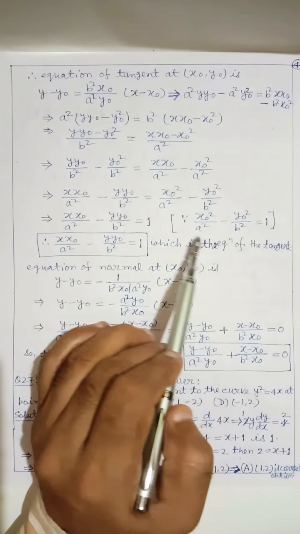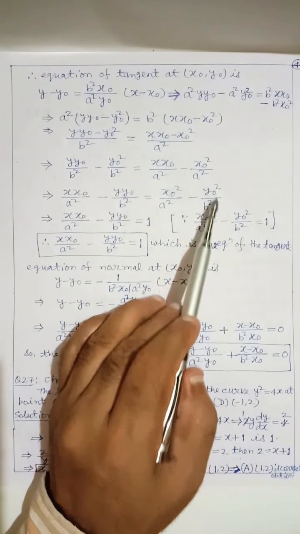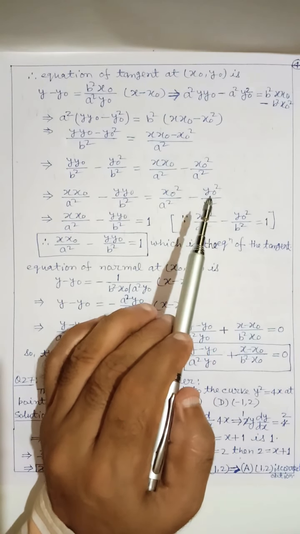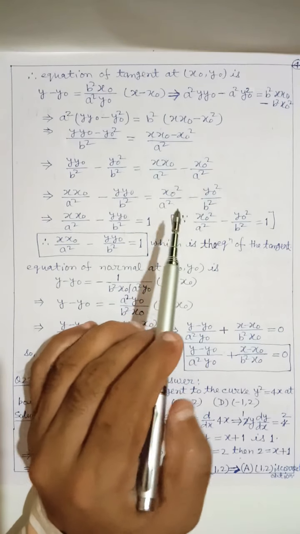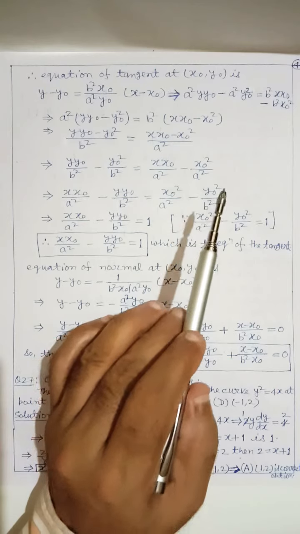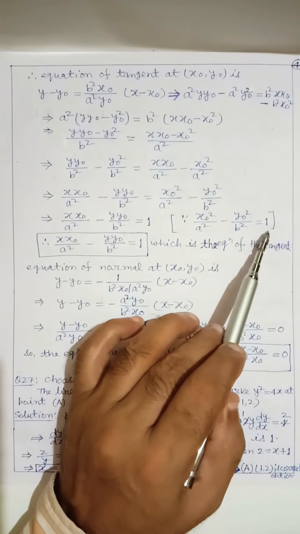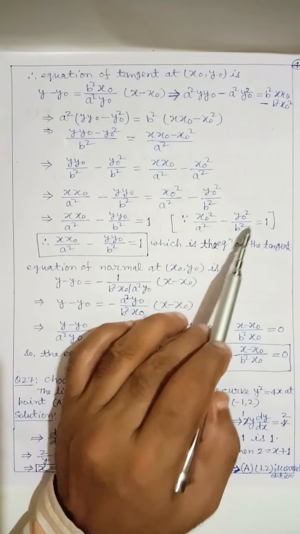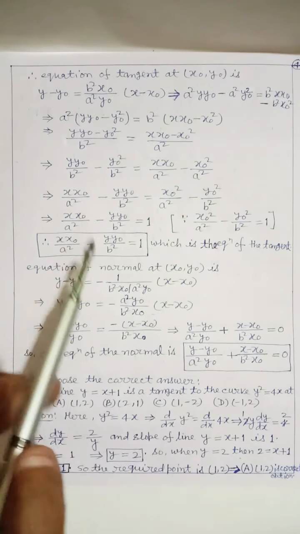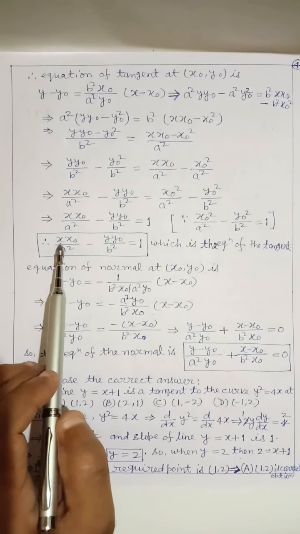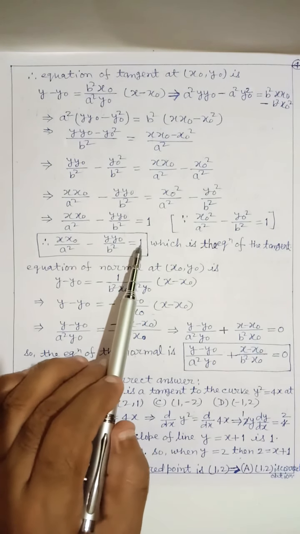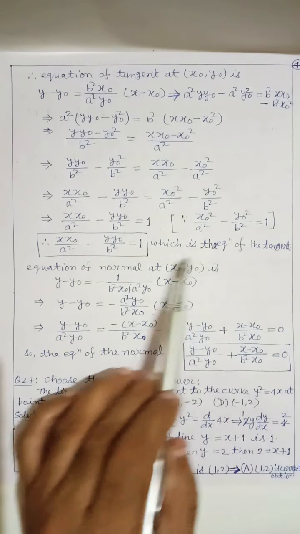Dear students, the value of this is equal to 1, from the equation given in the question, x square by a square minus y square by b square is equal to 1. So at (x0, y0) this is also equal to 1, and putting this value we get x x0 by a square minus y y0 by b square is equal to 1, which is the equation of the tangent.